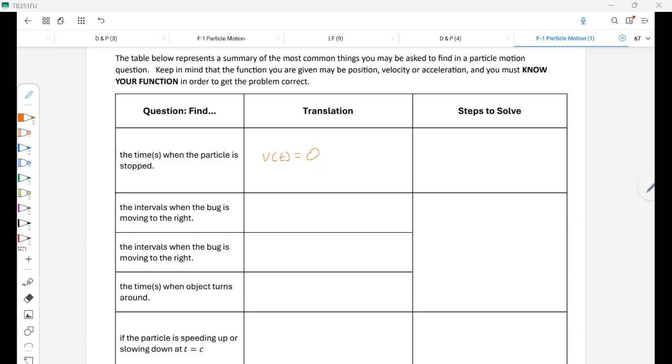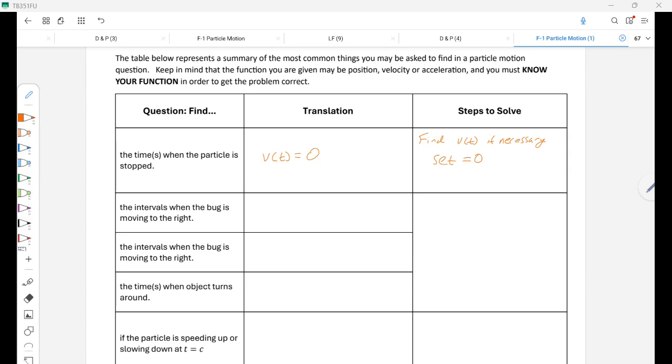That's a good way of telling me you haven't fully thought about the question. So to solve that, you need to find v of t if necessary, and then set it equal to 0. That's what we did in the middle question on the last page. It wasn't what they asked us, but we had to figure out when it stopped because that's when it changes directions.